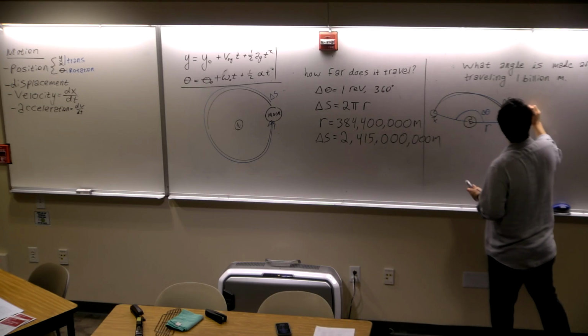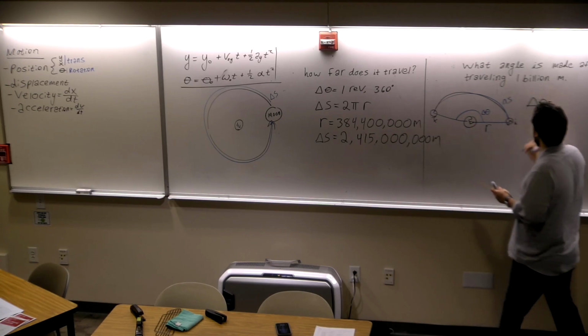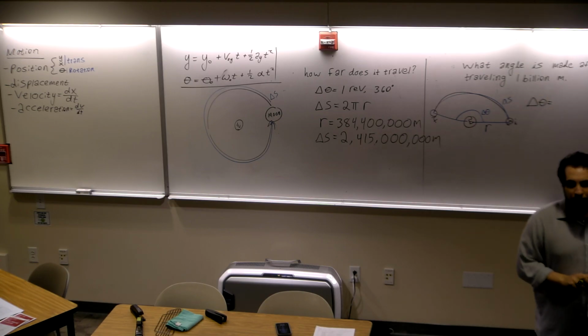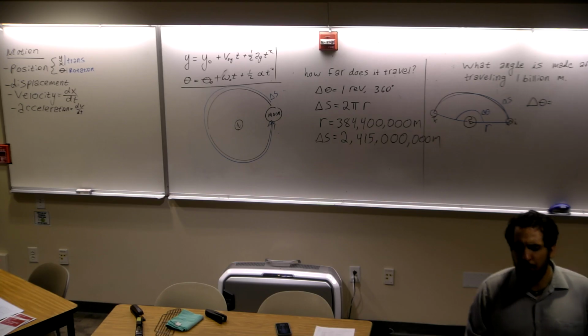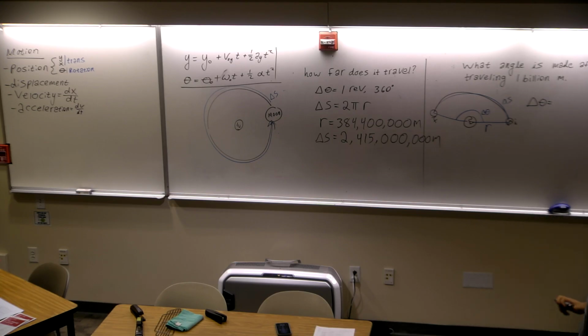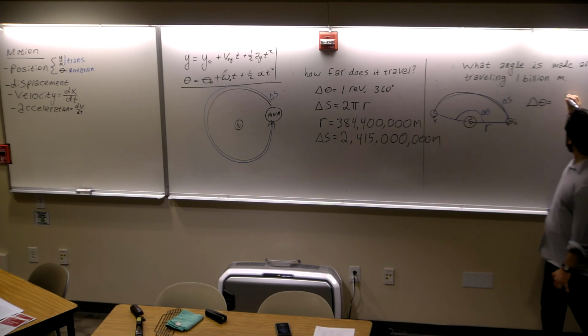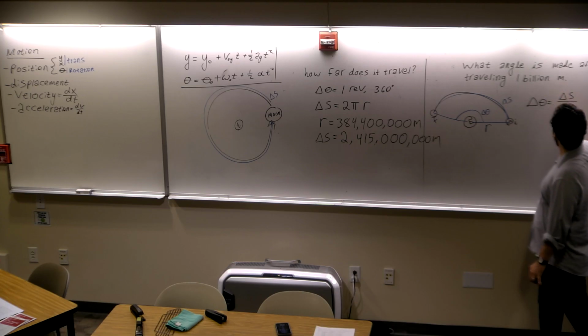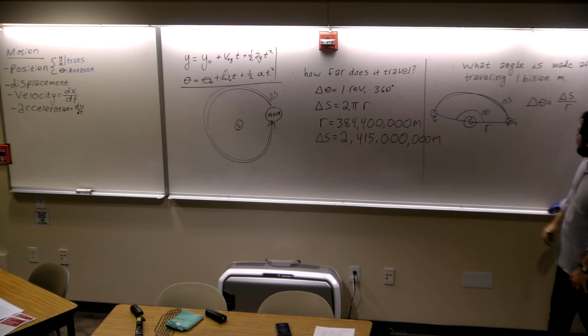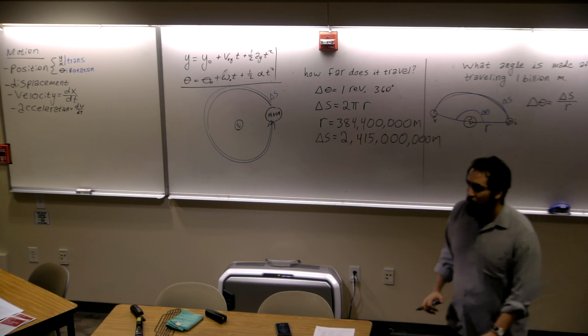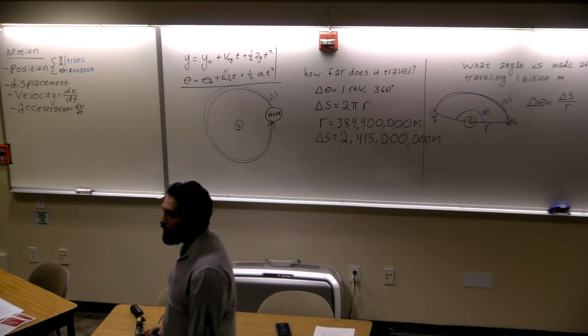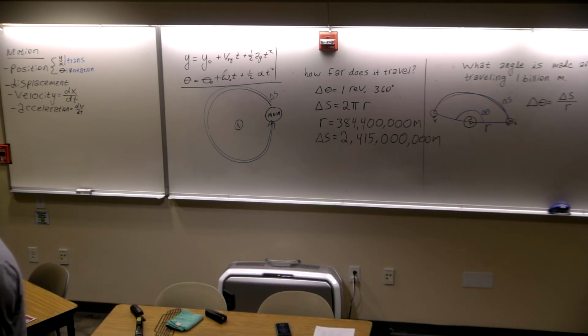And we define a certain type of angle by this arc length. We say that delta theta, in a certain unit of angle, is going to be the ratio of delta s to radial distance r. The angle is going to be given by the ratio of arc length to radius.